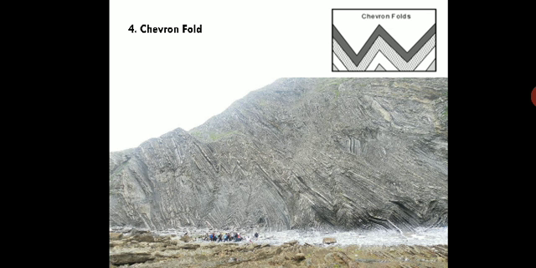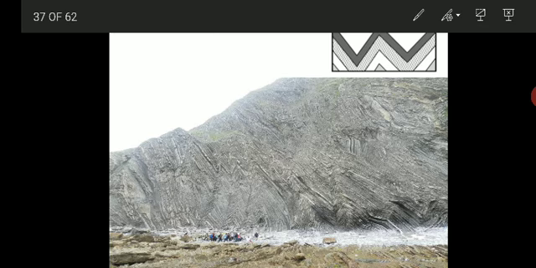The next type is chevron fold. Usually folds have a rounded crest and trough, but in the chevron fold the crest and the troughs you can see are pointed. You can see it here in the image, right?